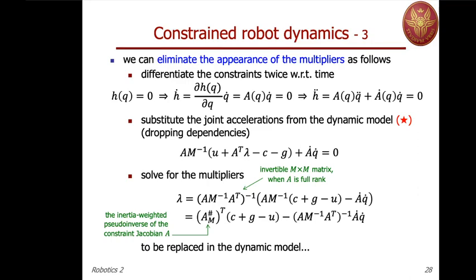Indeed, at this point, we have an explicit expression of lambda, which is a function, pay attention, of the dynamic parameters of the robot, but essentially, in terms of variables, is a function of the state of the robot, so its configuration q and its velocity q dot, but also of the input that we are applying.